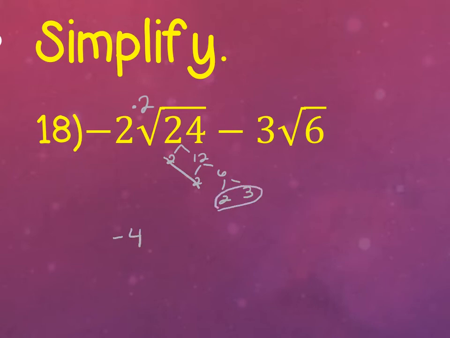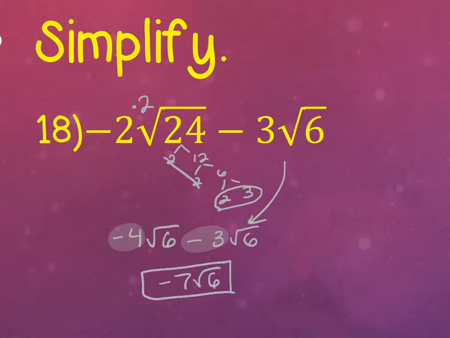The 2 and the 3 are left underneath. Multiply that out, and I get root 6. Minus, bring this down, 3 root 6. Now they both have the same root, which means they can be combined into one term. Negative 4 minus 3 becomes negative 7, and the root 6 stays as it is.